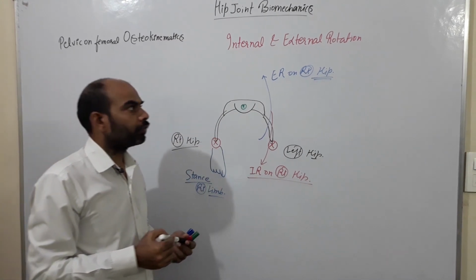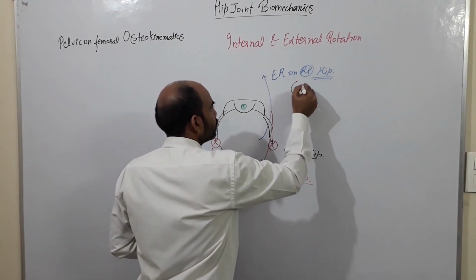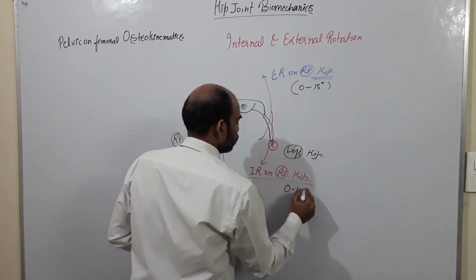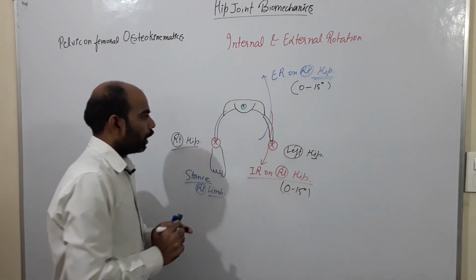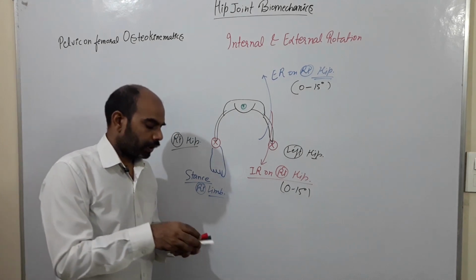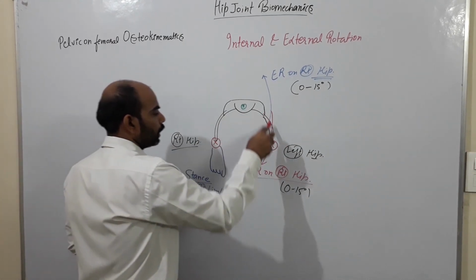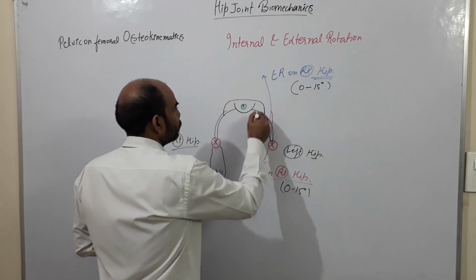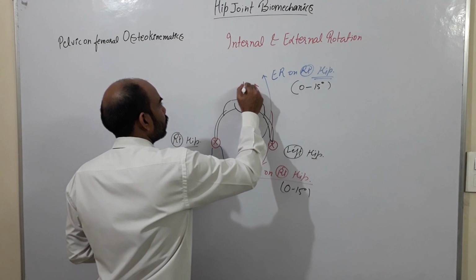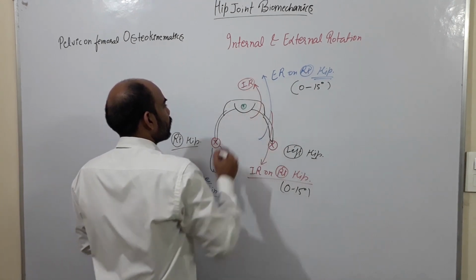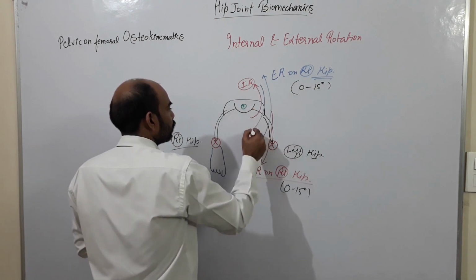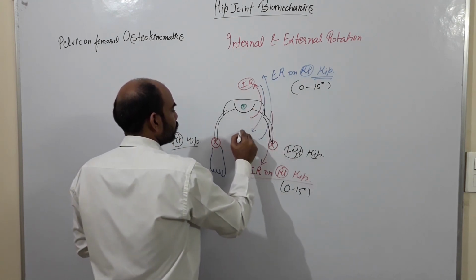The range of motion of this internal and external rotation is around 0 to 15 degrees. It is associated with movement of lumbar spine in the opposite direction, so that if pelvis moves anteriorly, the lumbar spine moves posteriorly in internal rotation, and lumbar spine moves anteriorly in external rotation.